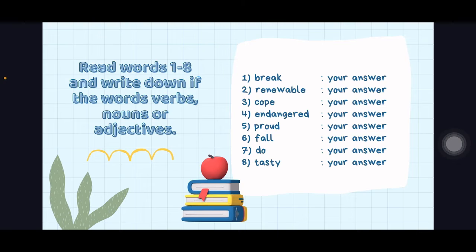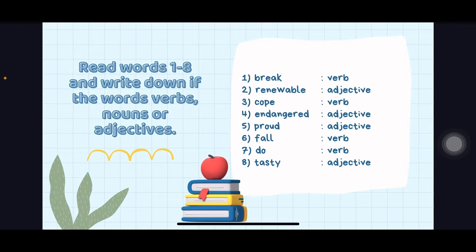You will be given time to write down your answer before we share as a class. Have you done? If yes, now let us discuss together.